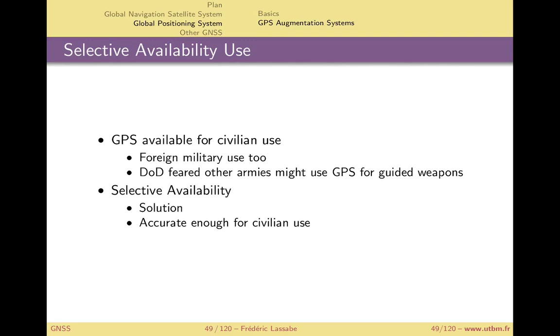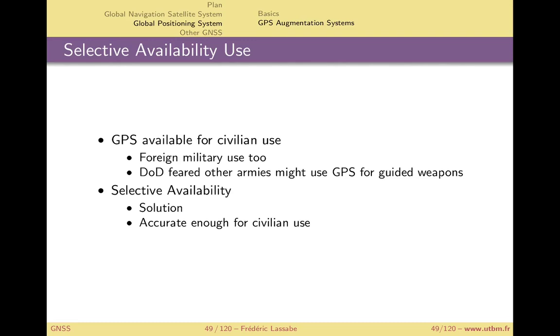Because since the GPS was available for everyone, foreign military, so I say foreign from the USA point of view, may use the GPS too, and the Department of Defense feared that other armies in the world might use GPS to guide weapons against the US military forces or against allied militaries or assets.